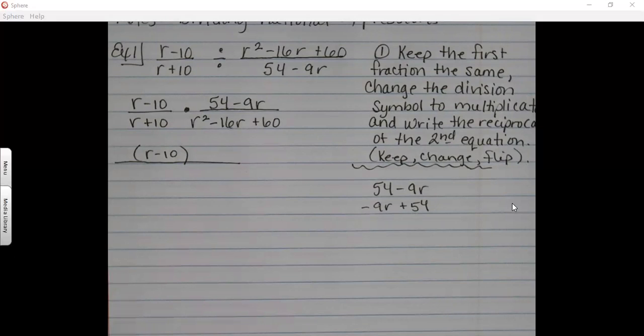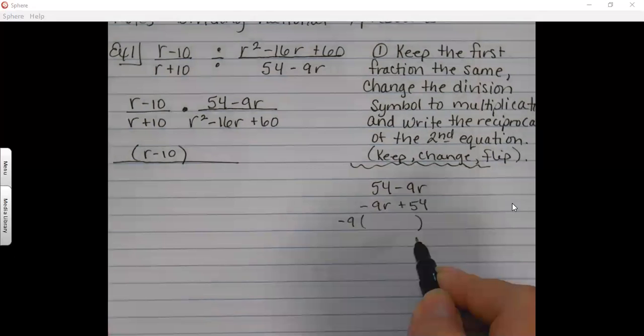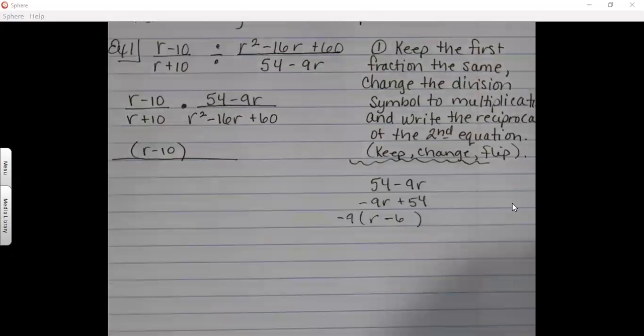And positive 54 divided by negative 9? Negative 6. What's in parentheses? That's linear. It does not have a GCF, and so it can't be factored any further, right? So I've got a negative 9 as a factor, and I have an r minus 6. That's a factor. That's all going in the numerator. You will see it sometime today. There we go.